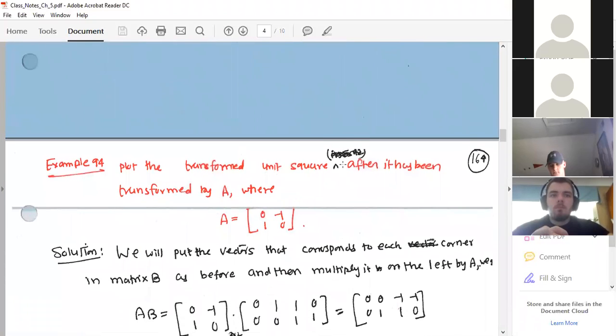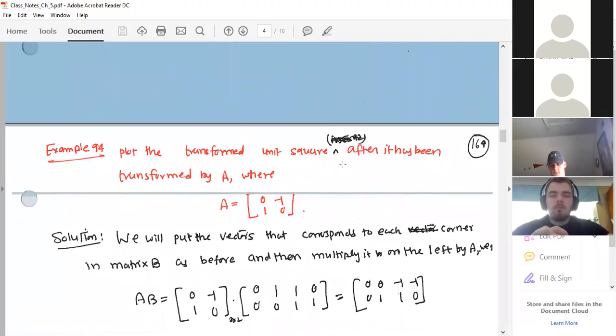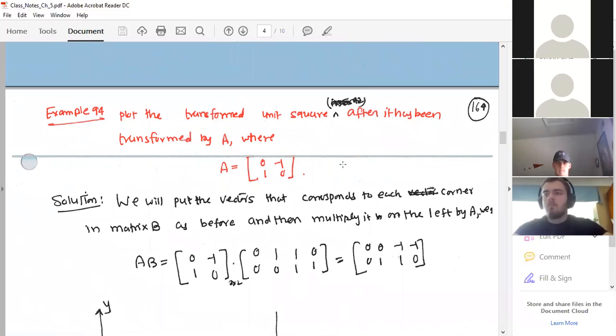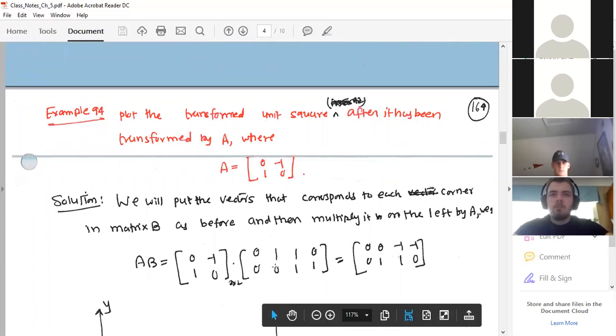Okay. Plot the transformed unit vector after it has been transformed by A. See here, plot a transformed unit vector. Unit vector means 0, 0, 1, 0, 1, 1, 0, 1.